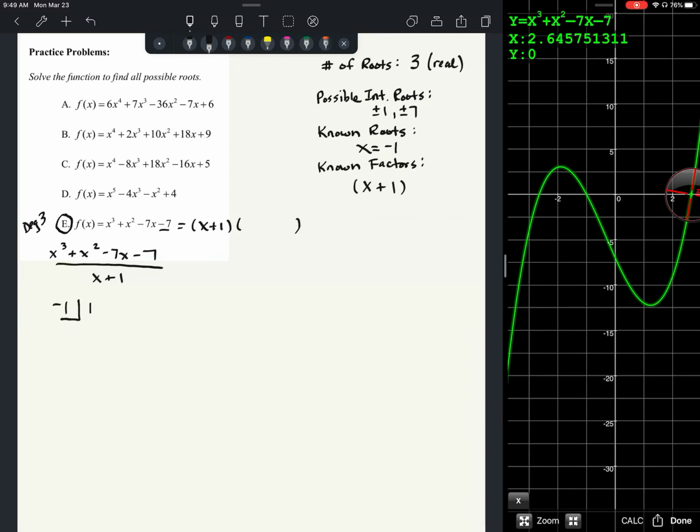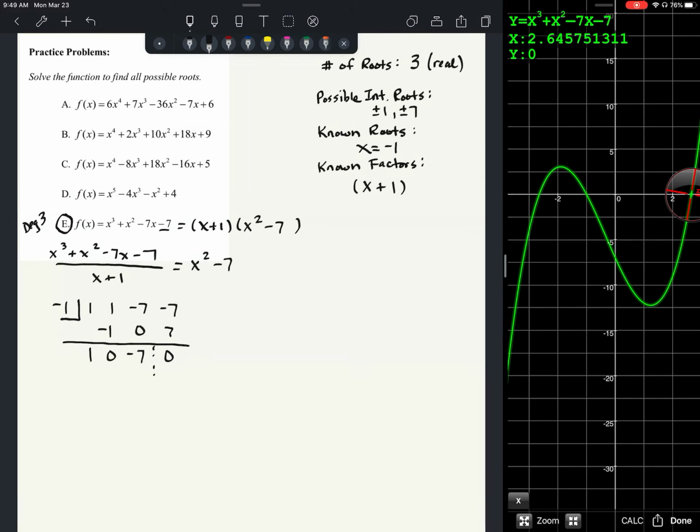Then we'll put in here 1, 1, -7, -7. Bring down, multiply, add, multiply, add, multiply. And you'll see here we get x squared plus 0x minus 7.